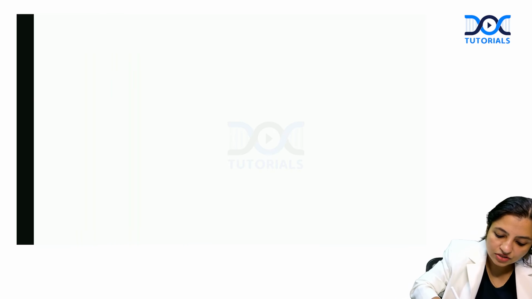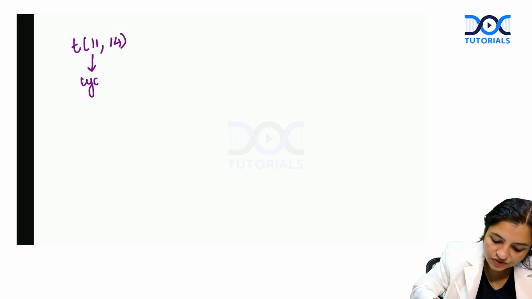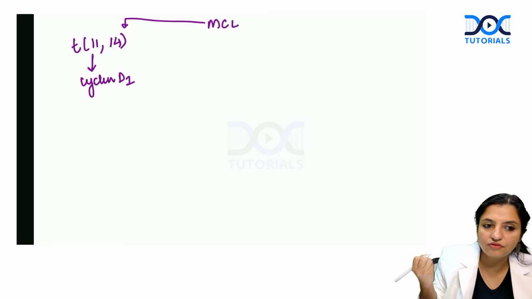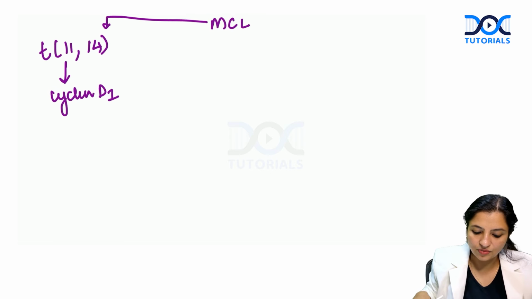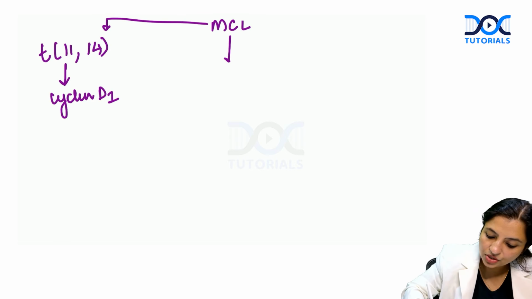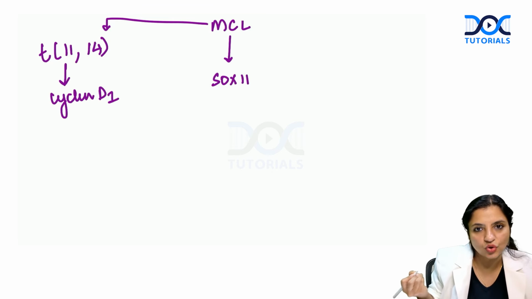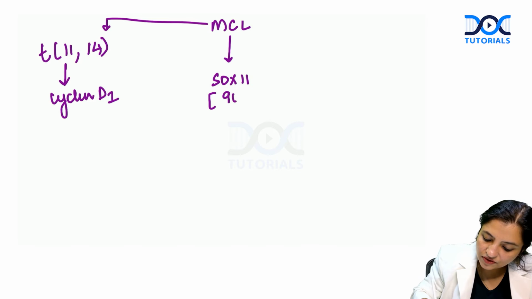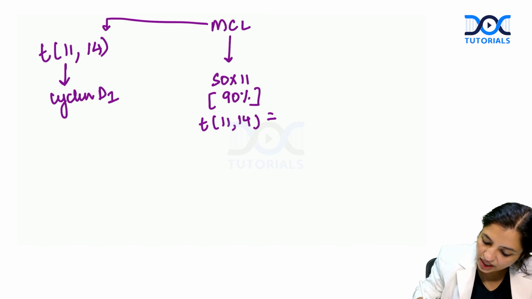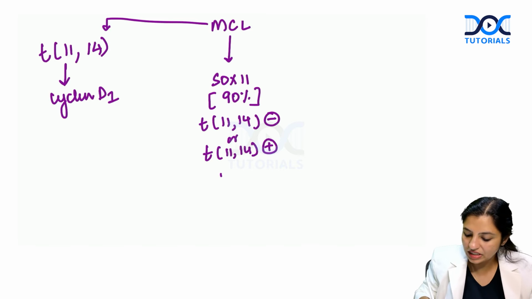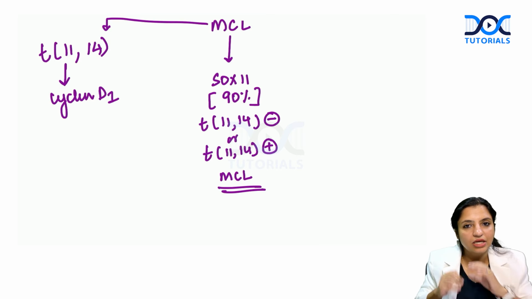So translocation 1114 leads to overexpression of cyclin D1, number one. Number two, in mantle cell lymphoma, a transcription factor is overactivated, which causes overexpression of SOX11. SOX11 is positive in 90% of mantle cell lymphoma, whether translocation 1114 negative or positive. It does not matter. If it is mantle cell lymphoma due to any cause, it will have SOX11.